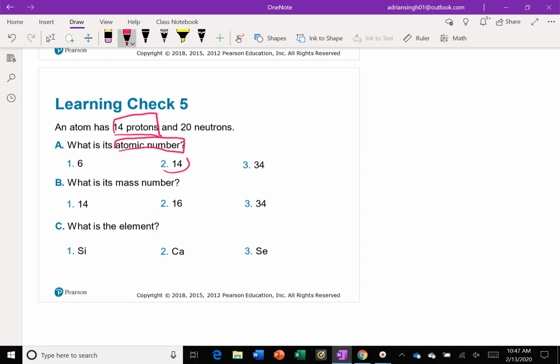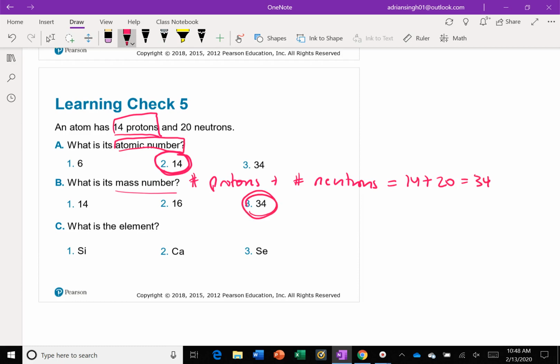So the atomic number here is going to be 14. Your mass number is the number of protons plus the number of neutrons, which is equal to 14 protons plus 20 neutrons, which would give 34 as our mass number.